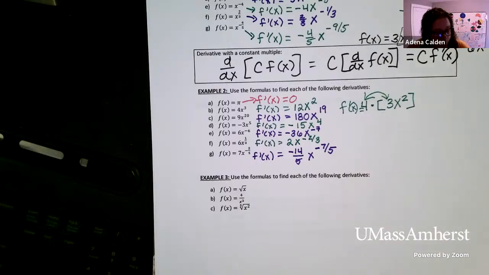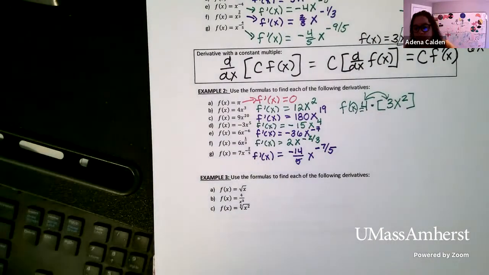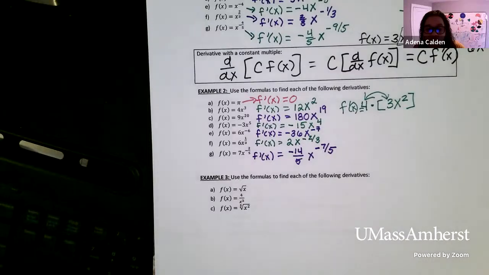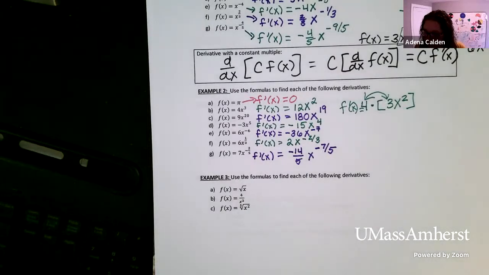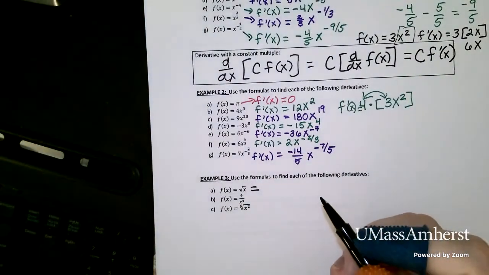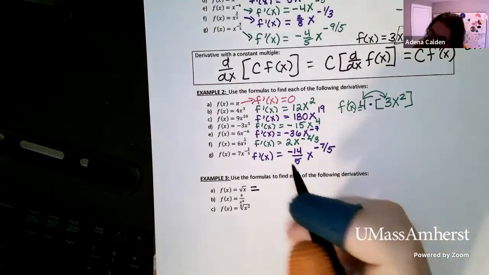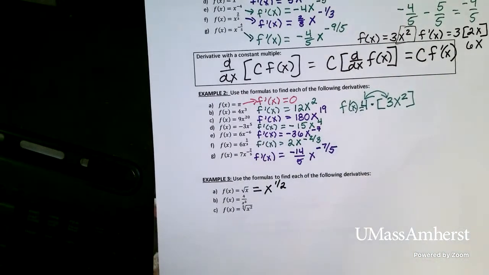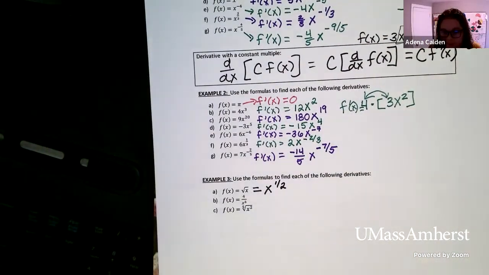Okay, so let's think about what the algebraic properties are that we need to use here to be able to solve these. There is a step before we can take the derivative, which is rewriting the function. For the first one, if you have the square root of x, the way that we rewrite this algebraically is x to the 1/2 power.